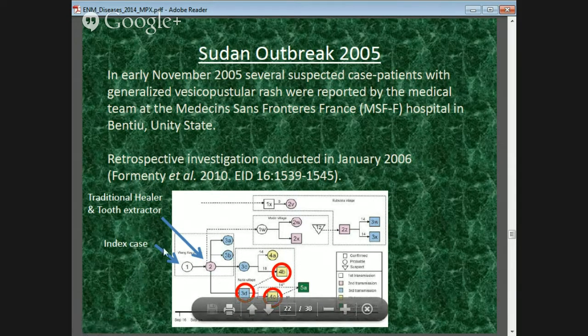The index case was not found, but data had been collected and pointed out that this person was sick, and he went to a traditional healer, a tooth extractor, who saw him, and after that he went on and cared for other people. So he was probably the person that infected these other people, the point source of infection for the outbreak.